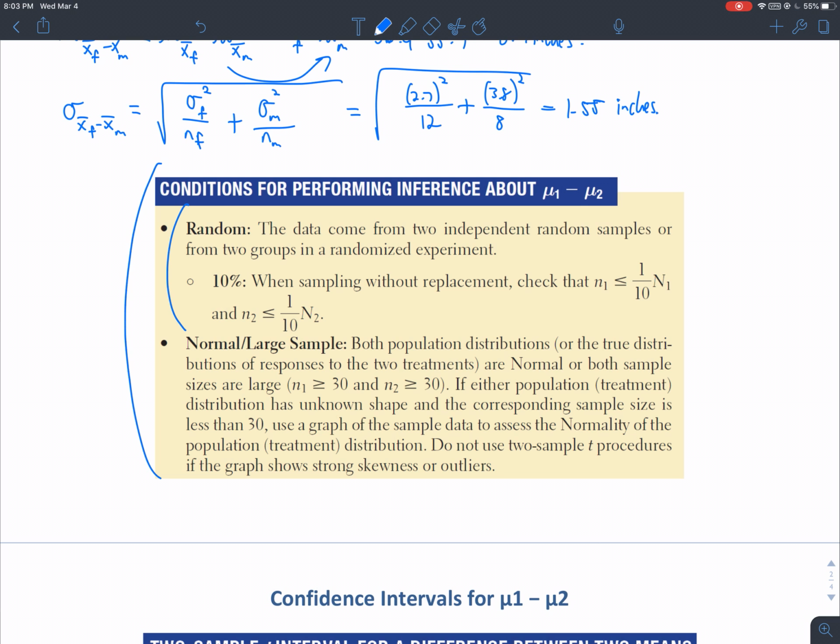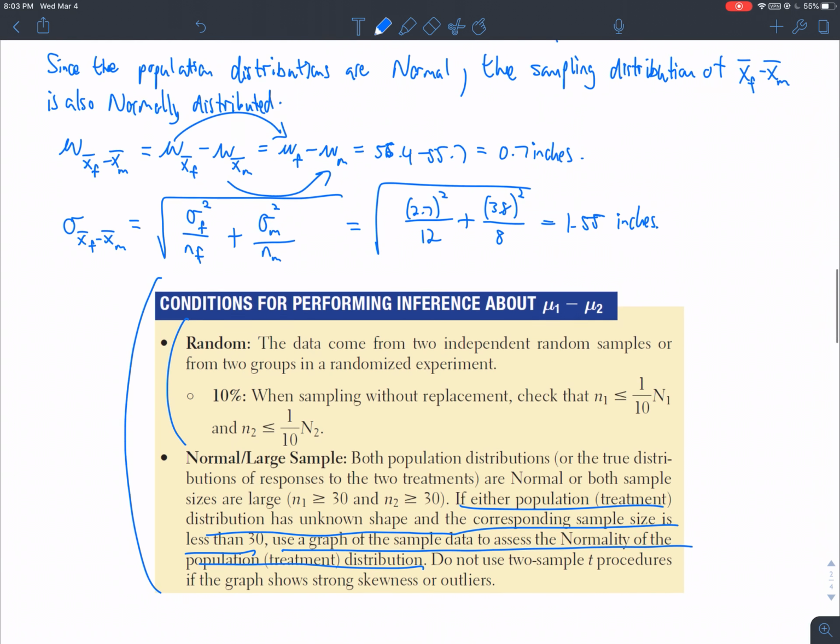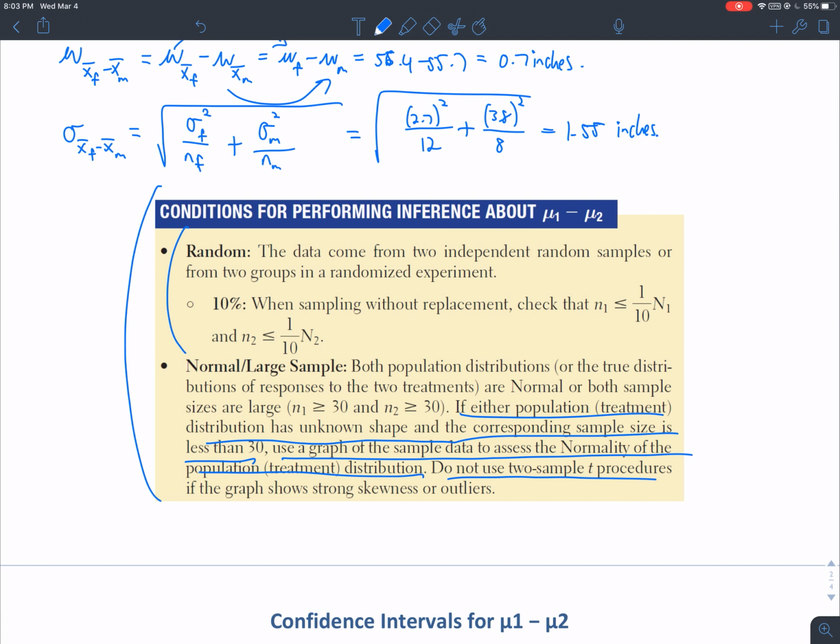And if that doesn't work, if either population distribution has unknown shape and the corresponding sample size is less than 30, use a graph of the sample data to assess normality of the population distribution. Do not use two-sample t procedures if the graph shows strong skewness or outliers. So if there are outliers at all, even if the CLT is met, don't do it.